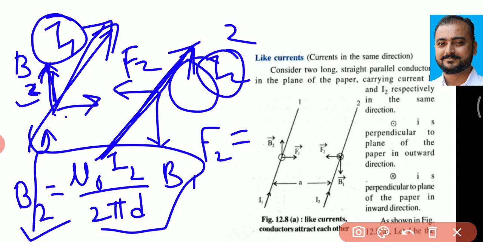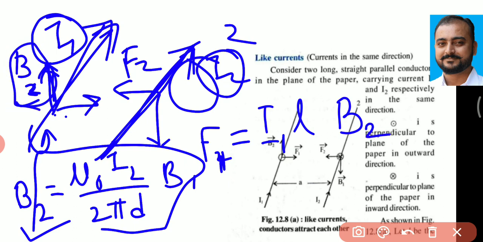The force on the first conductor, F1, can be given by I into L into B. For conductor 1, the current flowing through is I1 and the magnetic field is B2.